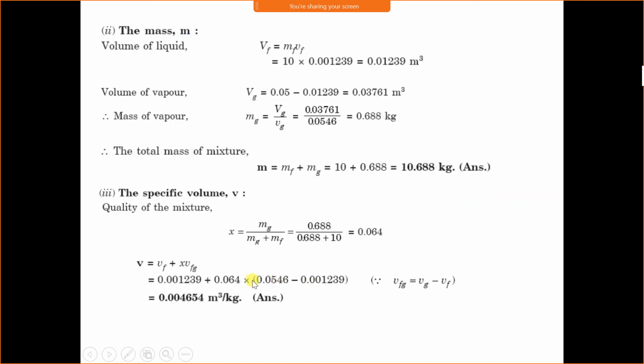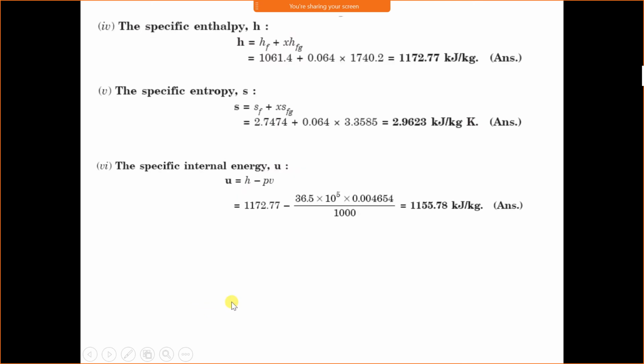Vg is 0.0546 and Vf is equal to 0.001239. It is coming to be 0.004654 meter cube.